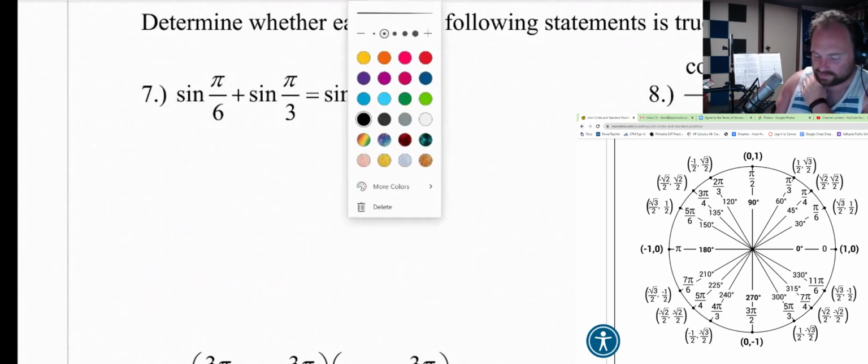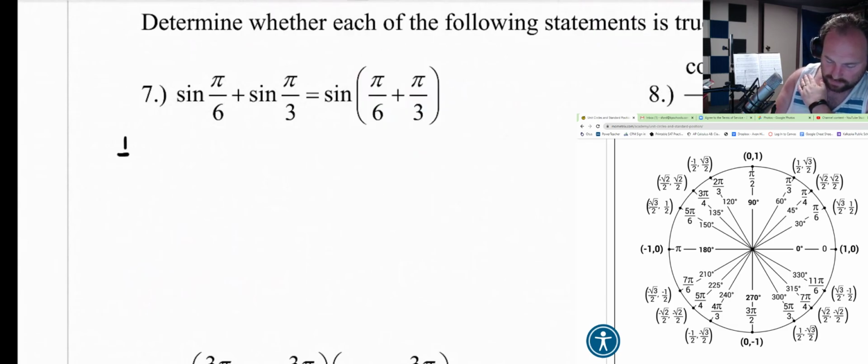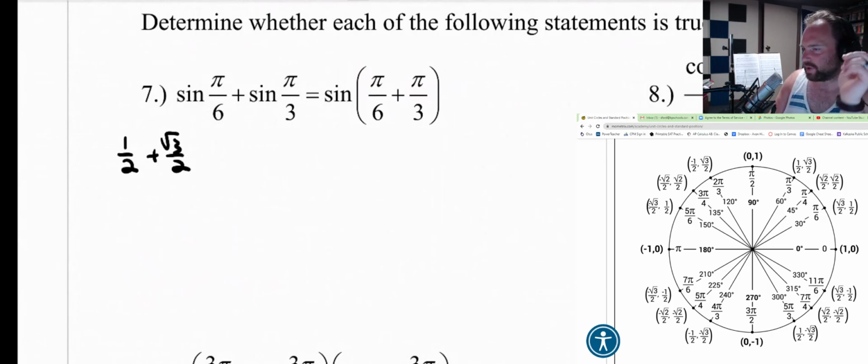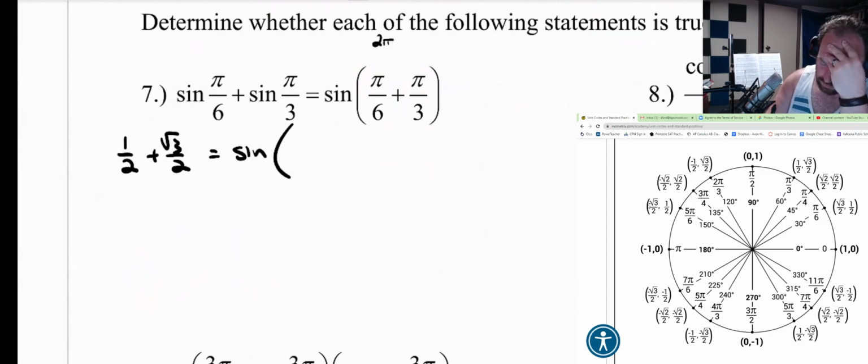Over on the left side, sine of pi over 6 is 1/2. Sine of pi over 3 is square root of 3/2. But is that equal to the sine of pi over 6 plus pi over 3? It is not. That would be, let's see, this is 2 pi over 6 for the pi over 3, so this would be 3 pi over 6, which is the same as pi over 2.